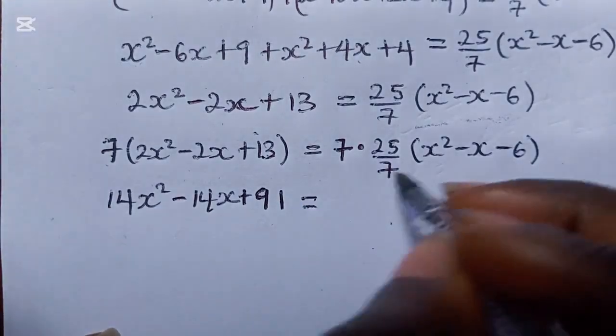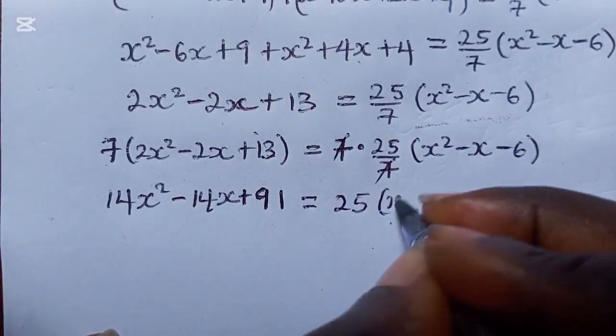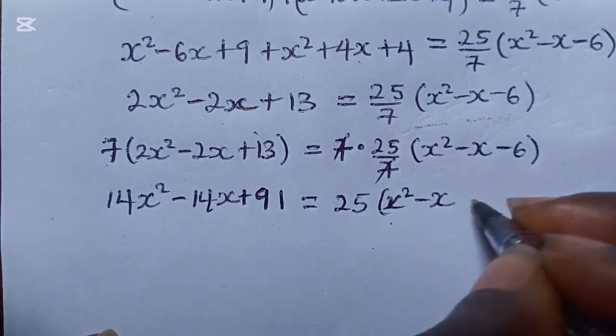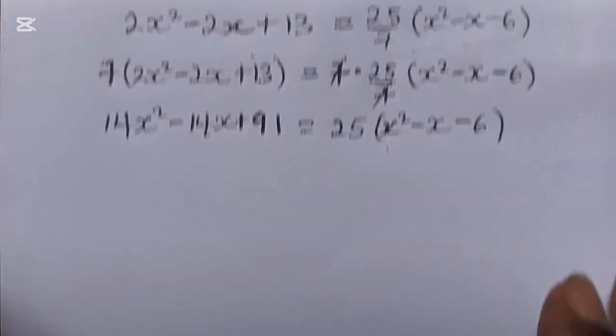So equals to, 7, we cancel 7, then we have 25 into x square minus x minus 6.